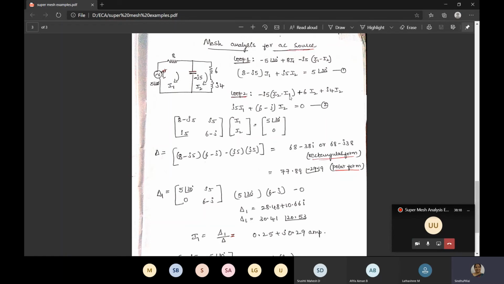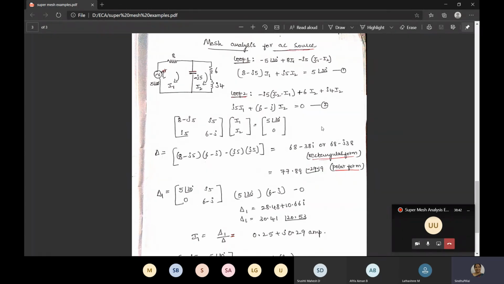You can write this 6 and J4 together also. Next, bring the I1 terms together. So we have minus into minus plus, it becomes J5 I1 and we have I2. I2 we have two terms here. See here, minus J5 I2 and plus J4 I2. So we'll get minus J. So minus J and 6 are the two terms. So we'll write 6 minus J I2. That is equation 2.